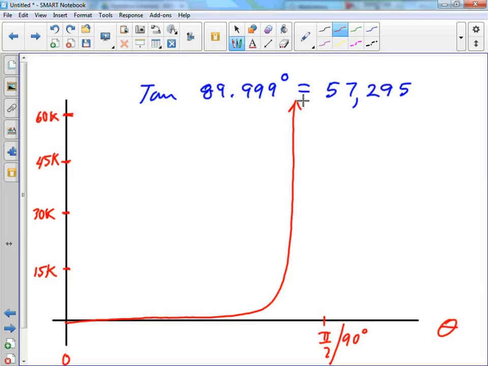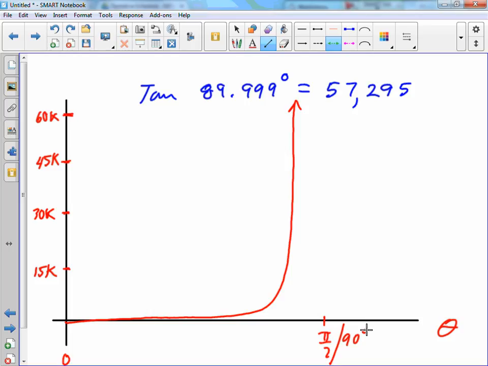What happens if I go 59.9999? You can use your calculator or not. You can just tell me if you can see it in your head. What does it give you?